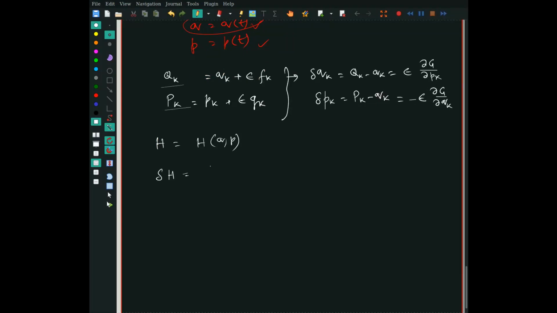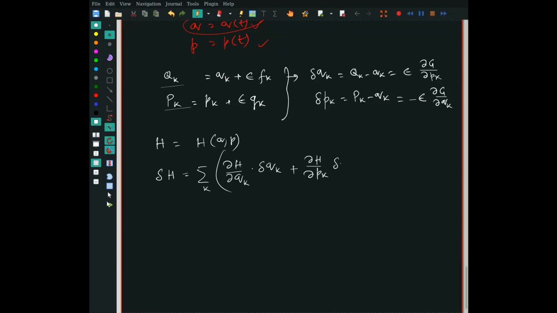So delta H would be given by the summation over k of del H del q_k times delta q_k plus del H del p_k delta p_k.